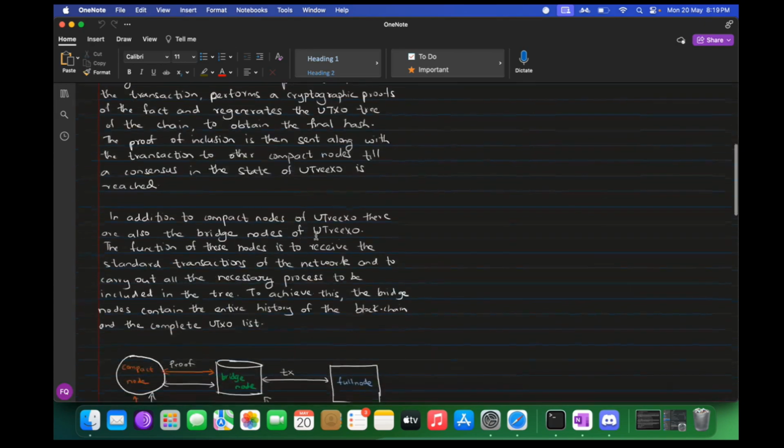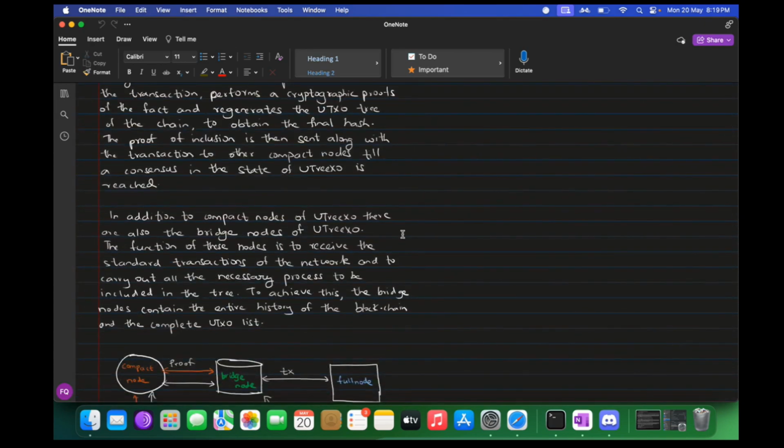All the other compact node peers, when they see the transaction, will validate it as they validate any other transaction according to the consensus rules, and then they will also validate the proof of inclusion and update their Merkle root. This is the task of a compact node.